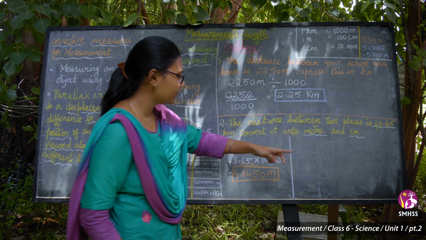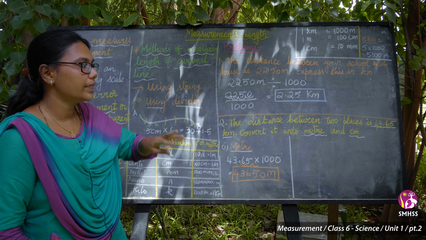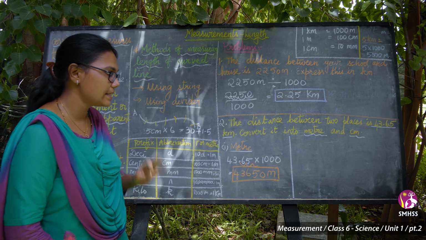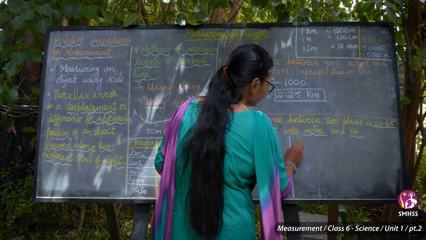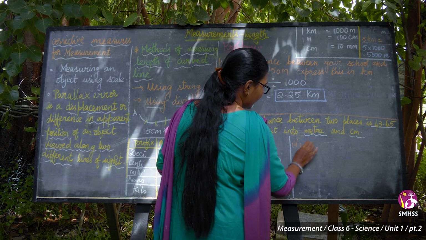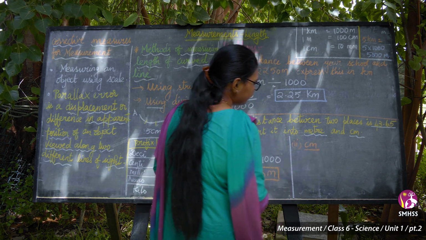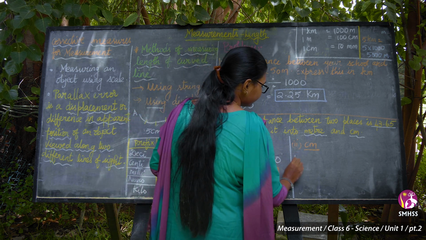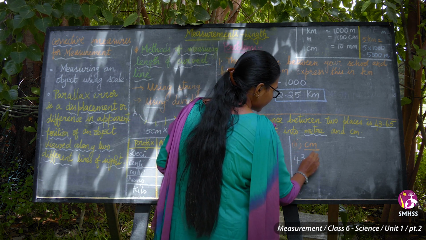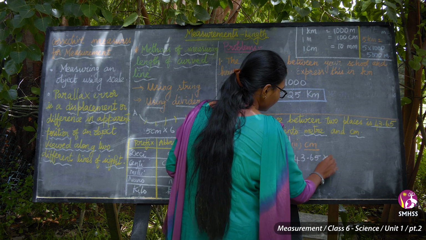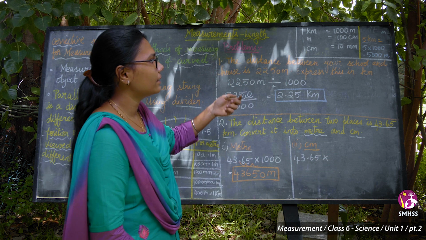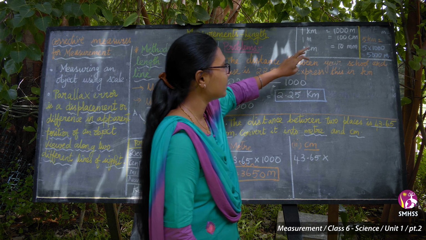Next, you have to convert the same number, 43.65 kilometer, into centimeter. For that, how do you write it? For centimeter, 43.65 into how much do we need?